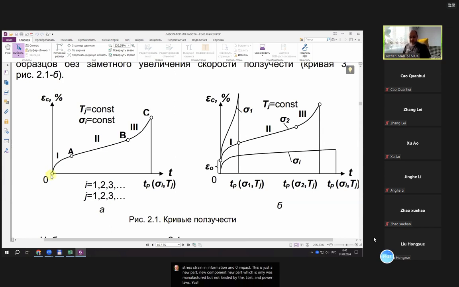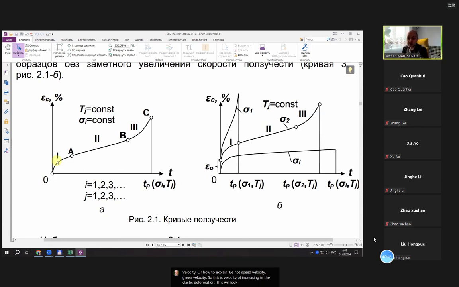And at the first stage, velocity, or how to explain, creep velocity. So this is the velocity of increasing in the deformation.